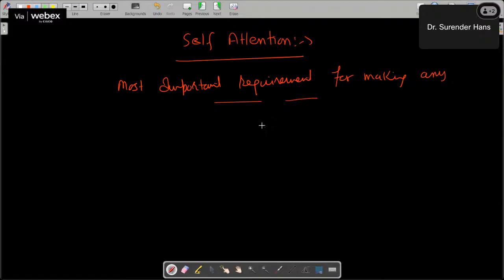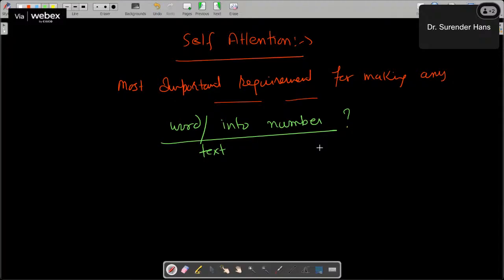So the answer is: how do you convert the words, or the text, into a number? The computer cannot understand words, it understands numbers.